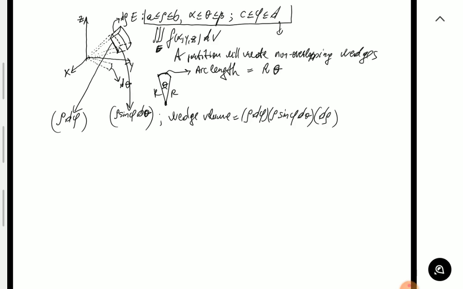Okay, so when we rearrange these steps, that's going to be my dv, right? dv in the new coordinates. So when we convert from Cartesian coordinates to spherical coordinates, to recap, x becomes rho sine of phi cosine of theta, y becomes rho sine of phi sine of theta, and then z is rho cosine of phi.